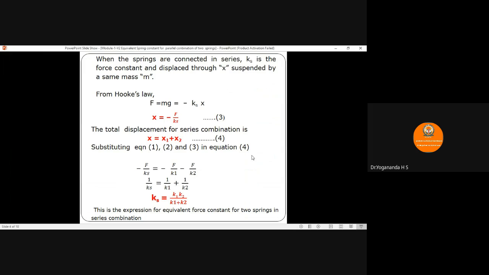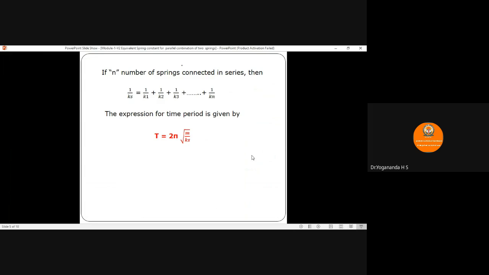If n number of springs are connected in series, then 1 by ks equal to 1 by k1 plus 1 by k2 plus 1 by k3 and so on up to 1 by kn. The expression for time period is given by T equal to 2 pi into root of m by ks, where ks is the equivalent force constant for the series combination of the springs.